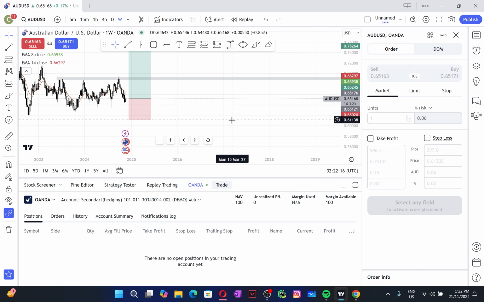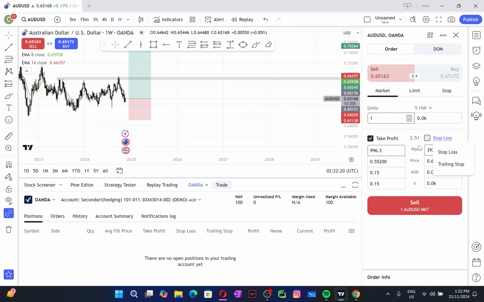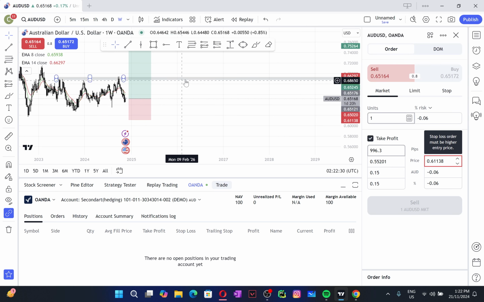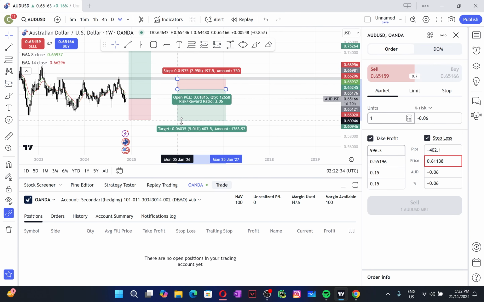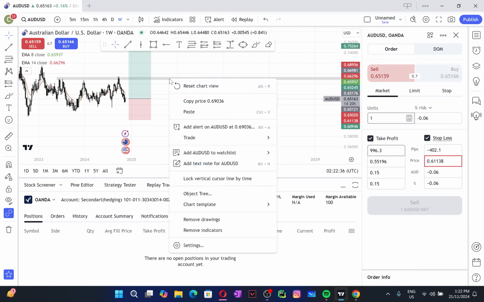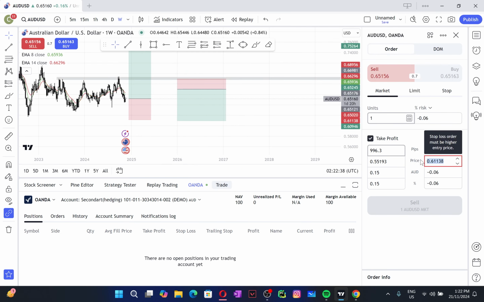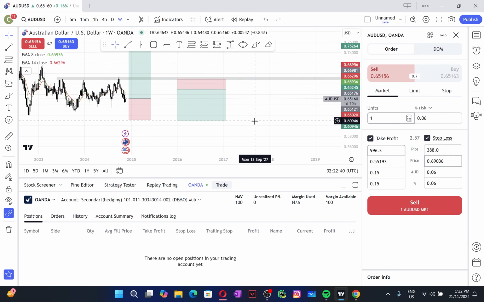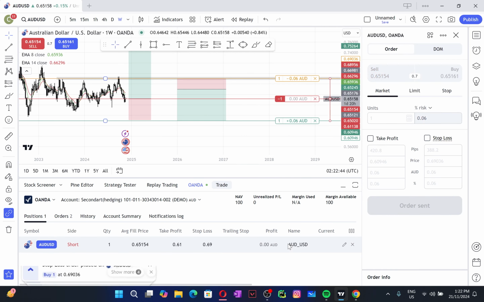Okay, so I'm gonna make the sell order with our stop loss at the price. Let's just say that we take another short position right around here. So let that be the stop loss, and let that be the take profit, and let's sell.